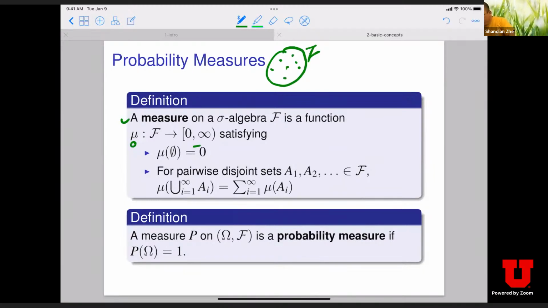And this measure must satisfy the following properties. First, the measure on an empty set must be 0.